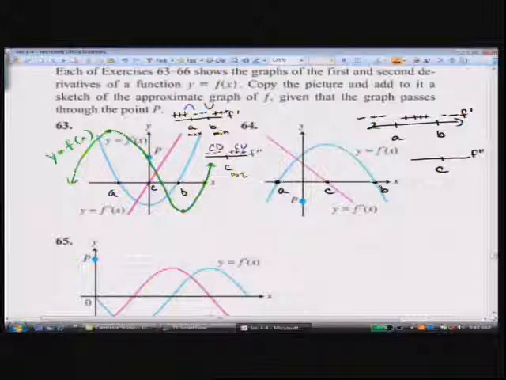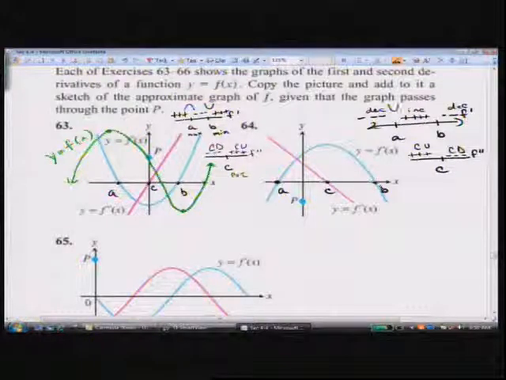Using where the second derivative crosses the x-axis, to the left of C it is positive, which means the original function is concave up there. Then it changes and it's negative, so that means the original function is concave down. Here we have decreasing, increasing, decreasing.